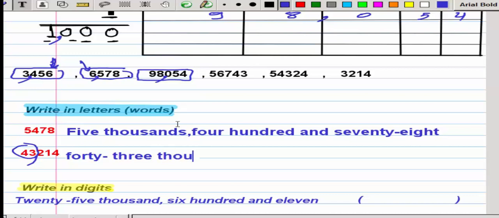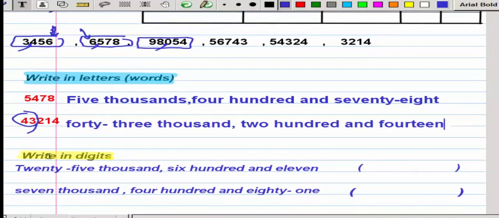Don't forget thousand. Two hundred and fourteen. So here 43,214.